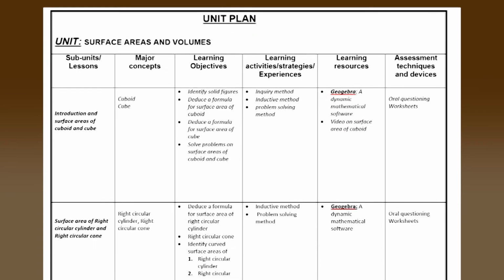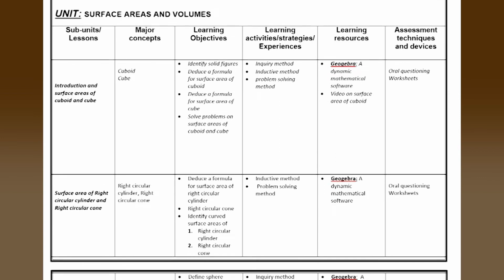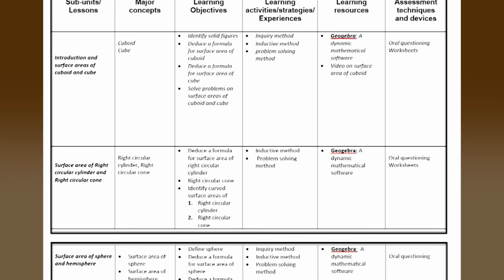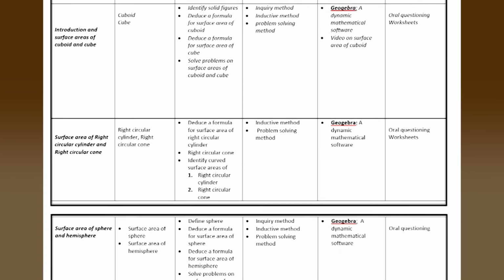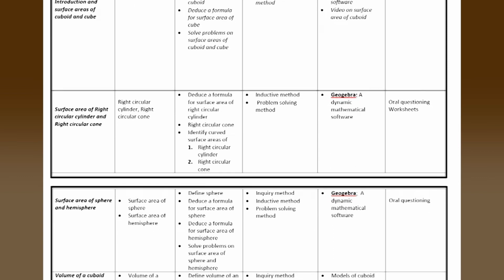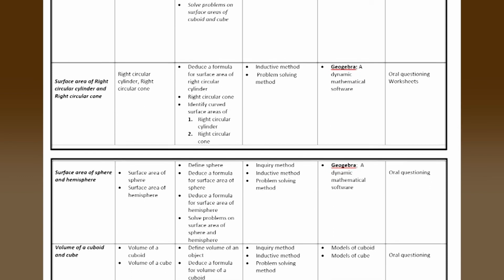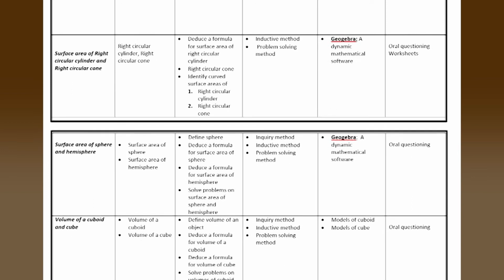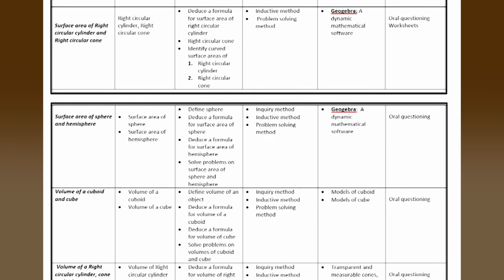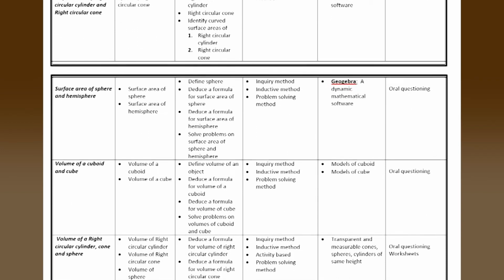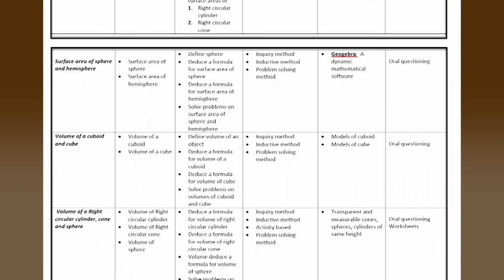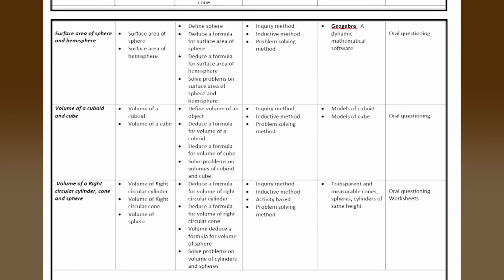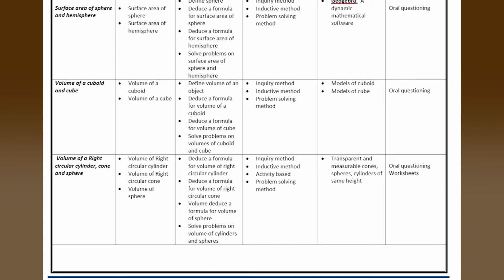The second unit is surface area of right circular cylinder and right circular cone. The third unit is surface area of sphere and hemisphere. The fourth unit is volume of cuboid and cube, and the fifth subunit is volume of right circular cylinder, cone and sphere.